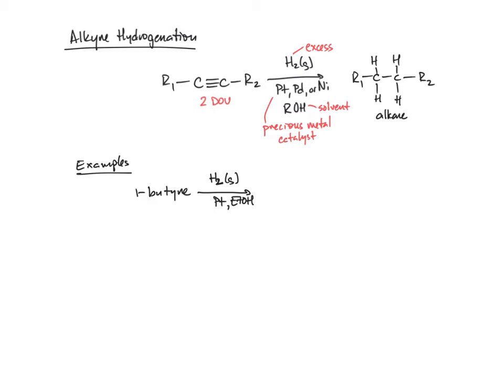We're completely reducing down the triple bond, so we would end up with butane. So again, I'm presenting it with just the words so that hopefully you develop the intuition to visualize what this is in your mind. 1-butyne has an alkyne. We're treating with hydrogen gas, platinum metal catalyst, and polar protic solvent. So we're doing an alkyne hydrogenation. That's going to get us butane.